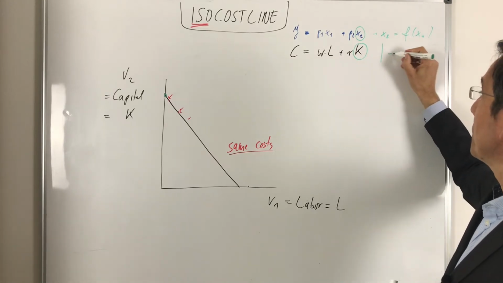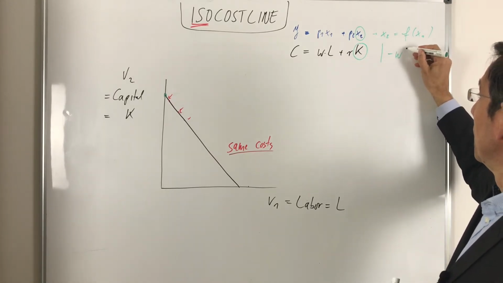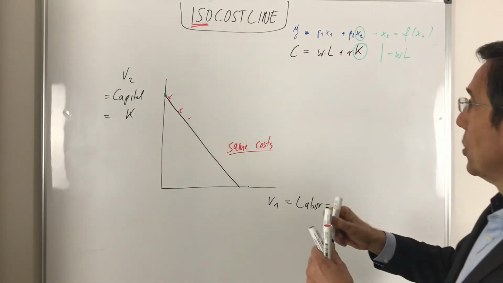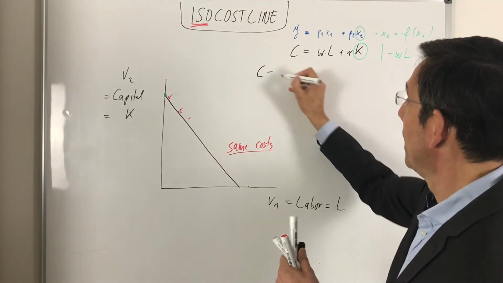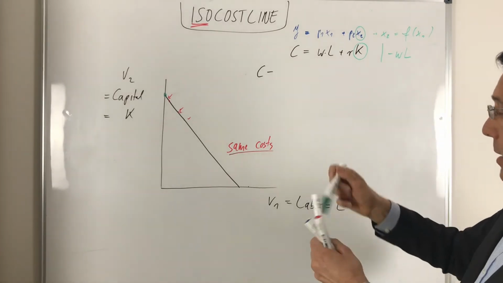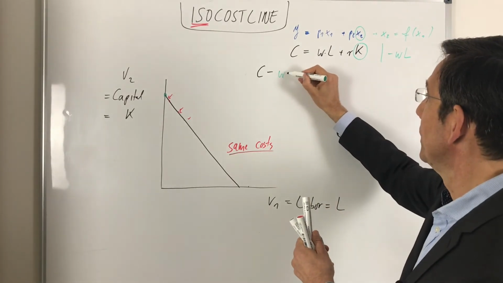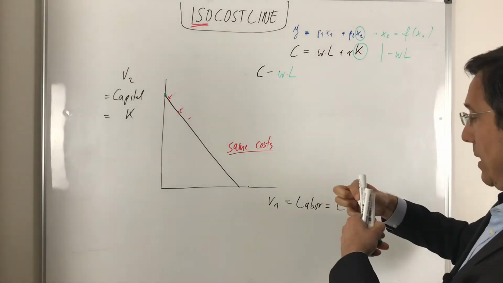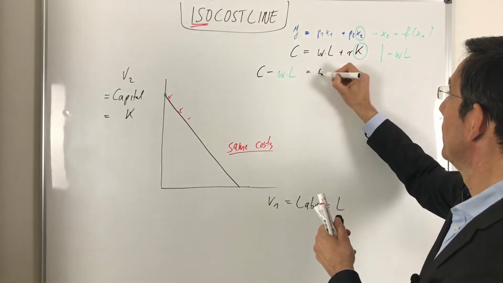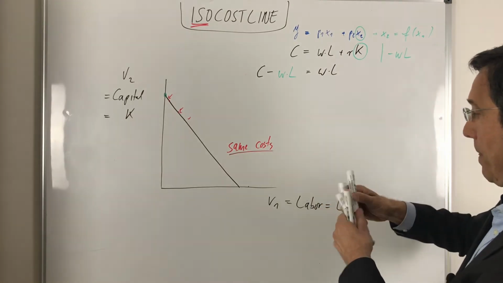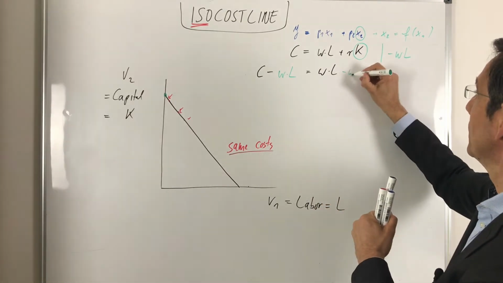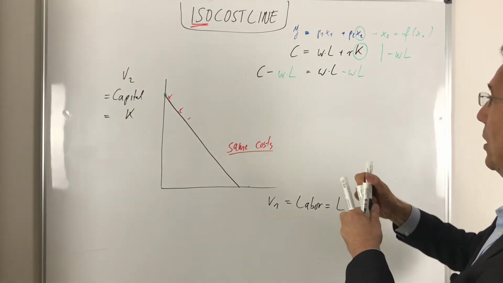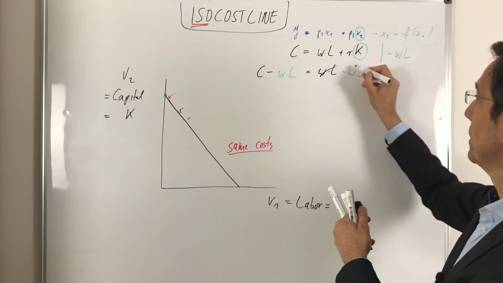First, we have to subtract W times L. If we do that, we have C minus W times L. Then we have W times L minus W times L, and that yields obviously 0, so this disappears.